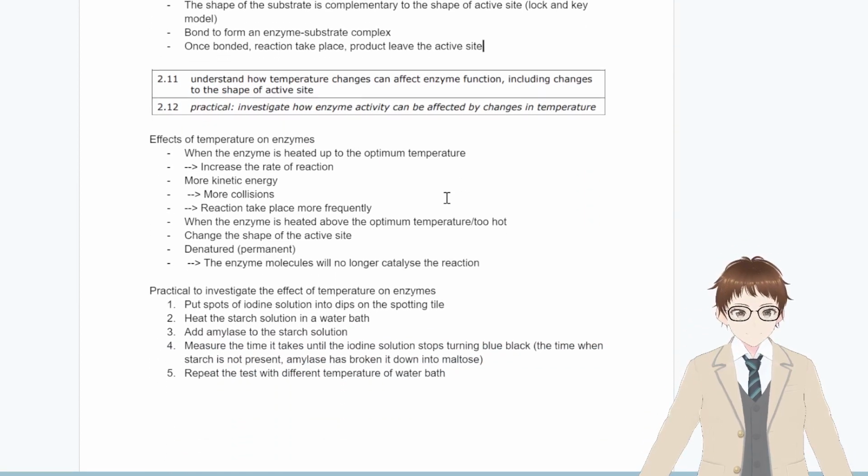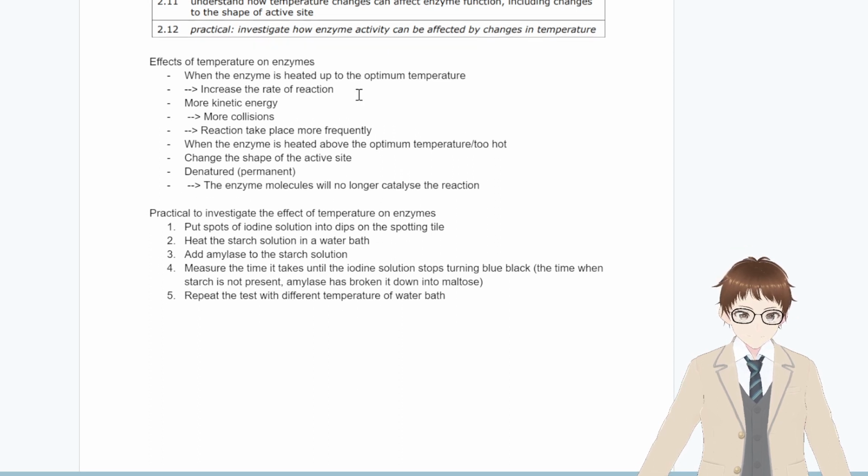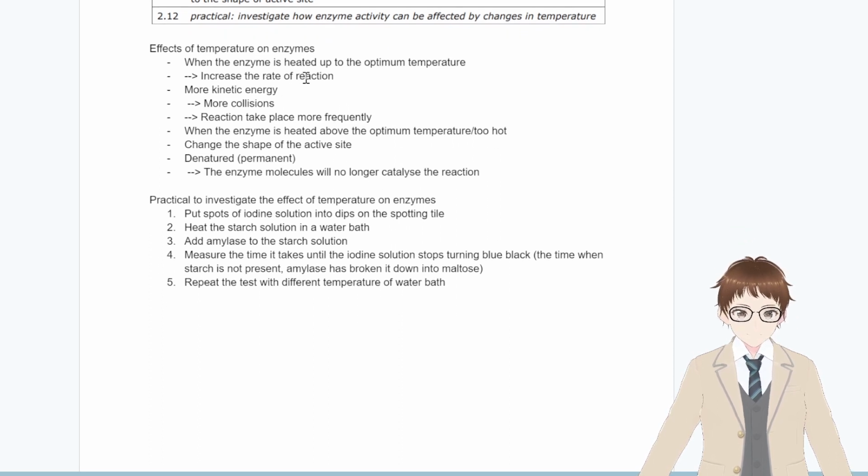So let's talk about the effects of temperature on enzymes. When the enzyme is heated up to the optimum temperature, it increases the rate of reaction, because there is more kinetic energy, so there are more collisions, and the reaction will take place more frequently.